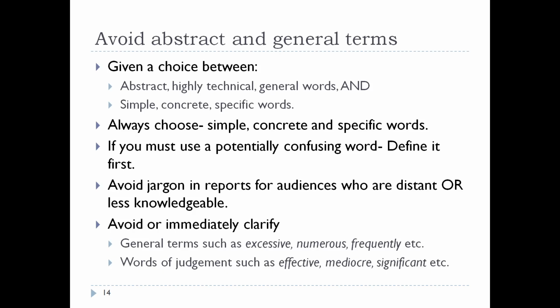If you have specific numbers, for example, in 90% of the cases this cough syrup rids the patient of the cough, then we have a good number in front of us. So we know that we have 9 out of 10 chances that our cough will be cured by this particular cough syrup. This is what we mean by being more specific.